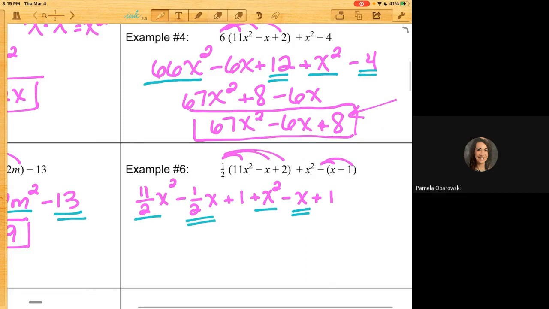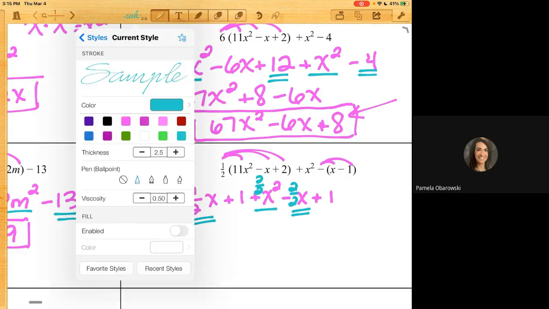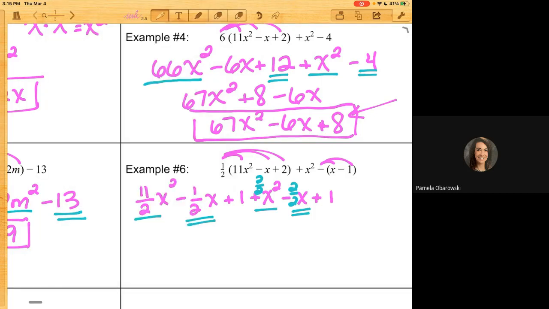So this is actually 2 over 2 x squared. And this is actually 2 over 2 x. I got a common denominator with its like term. So I'm going to combine like terms, and I get 11 halves plus 2 halves is 13 halves x squared.